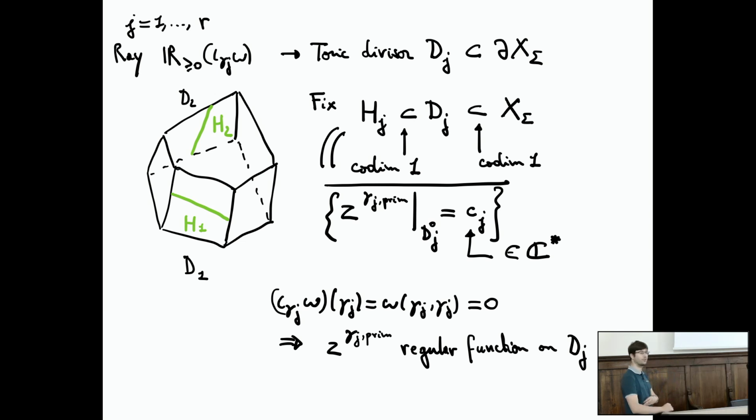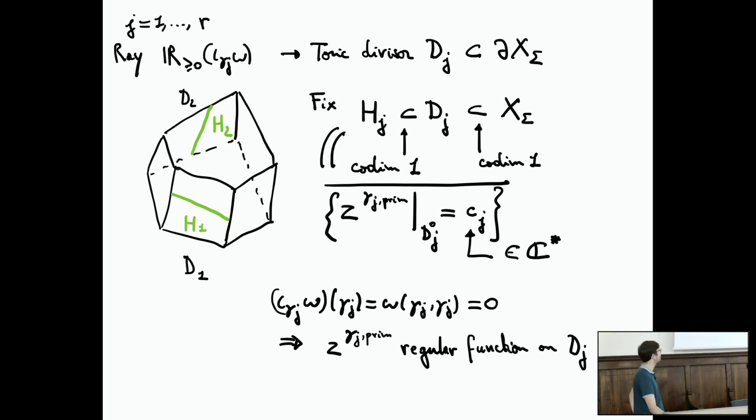So we get a toric variety, and by construction, because these rays spanned by this contraction of omega with gamma j are part of the fan, these rays correspond to some toric divisors of the toric variety. So I have a particular toric divisor Dj for every j from 1 to r. And then to set up our counting problem, we will make some additional choices.